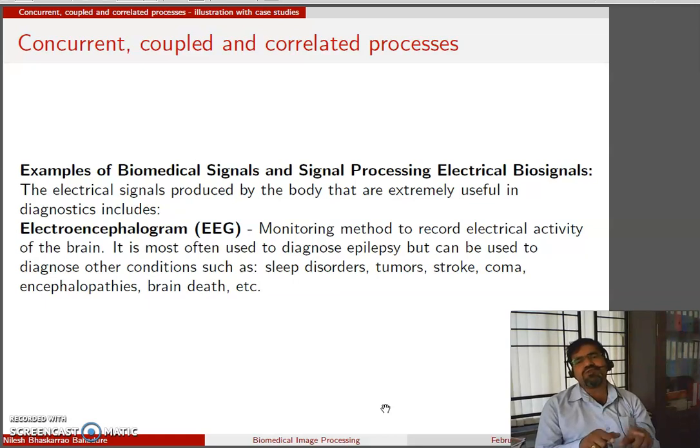It is most often used to diagnose epilepsy, but can be used to diagnose other conditions such as sleep disorders, tumors, stroke, coma, encephalopathies, brain death, etc. That means whether the brain is functioning or has completely stopped functioning, that we are going to analyze with the help of EEG.